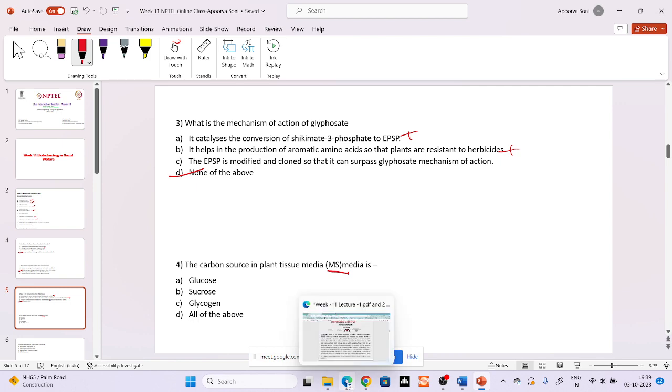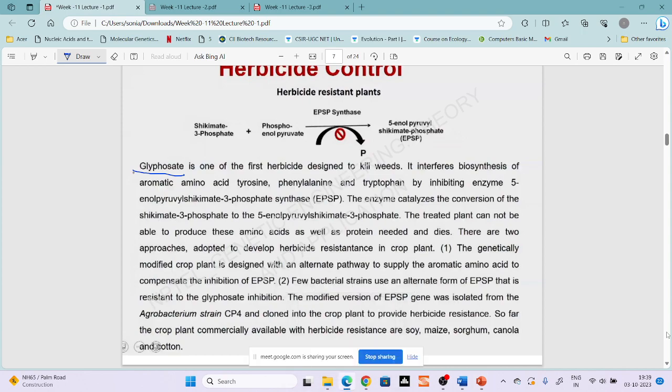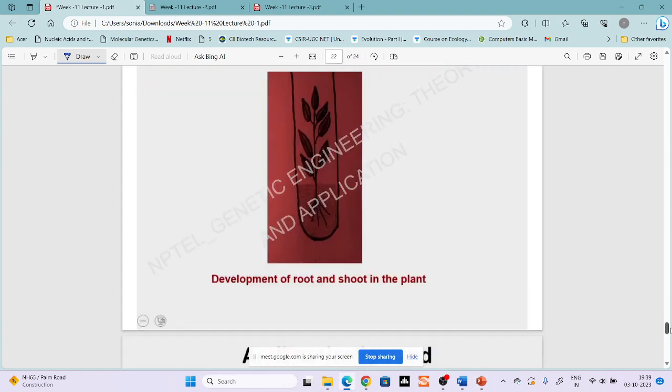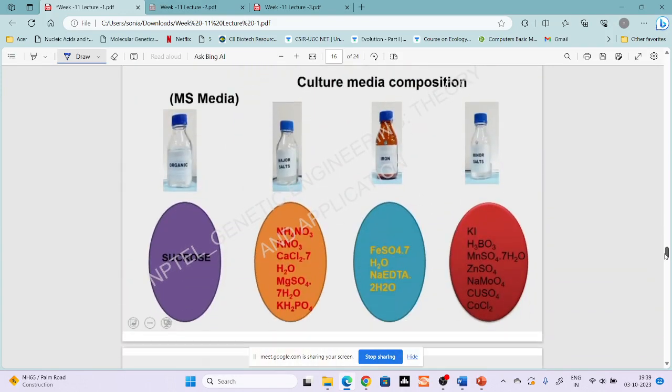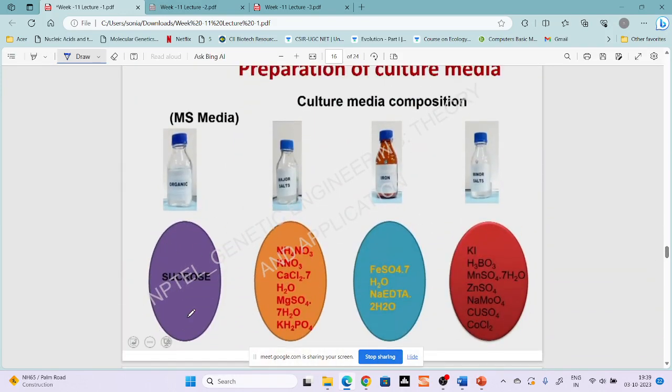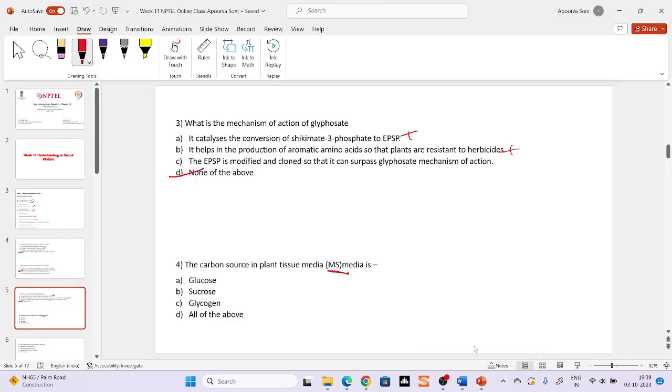Glucose. It is sucrose, yes. You can just see here, mostly the carbon source in MS media is sucrose. So the correct answer is B.